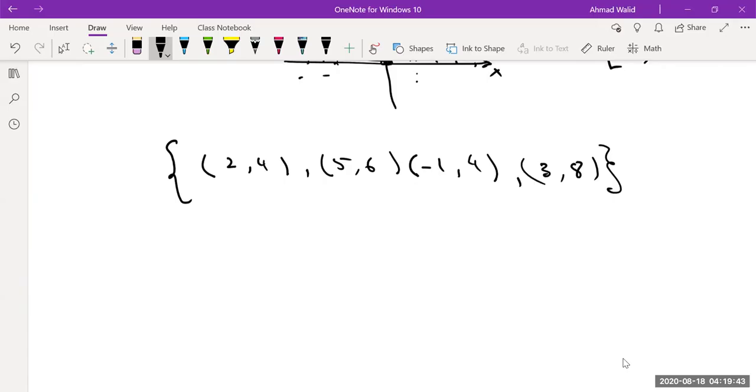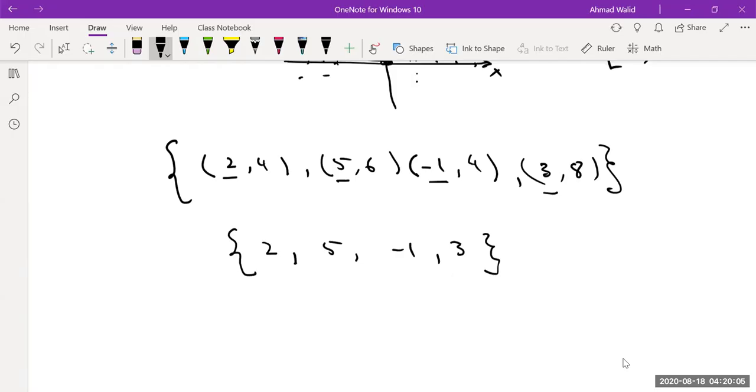If they give you a relation like this as points, to understand if it's a function or not, check only the values of x. Correct? List the values of x. You have 2, 5, -1, and 3. Check here.